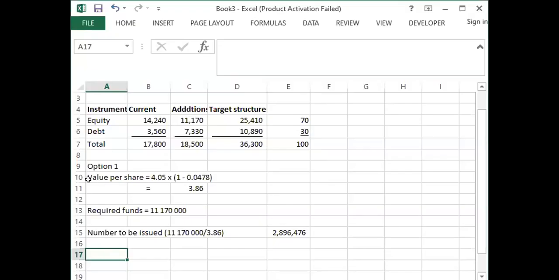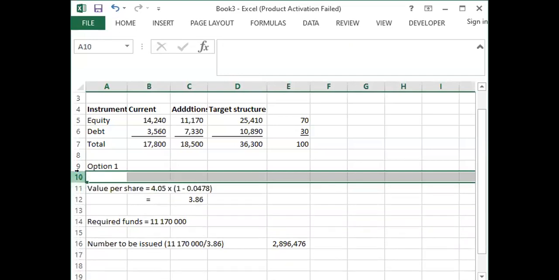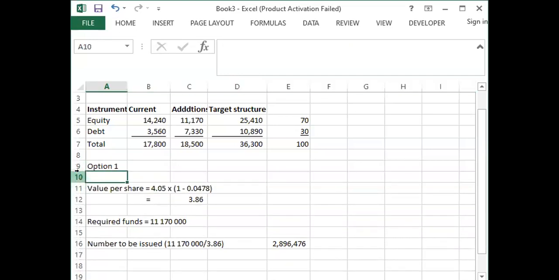And then let's distinguish between these two. We will say equity there, and then debentures, which is under our debt.